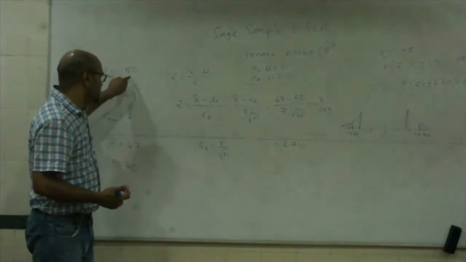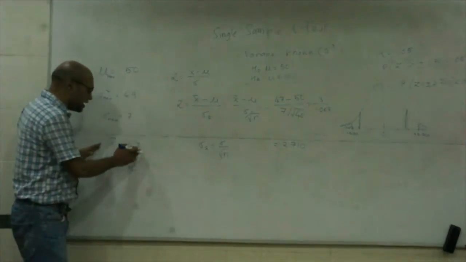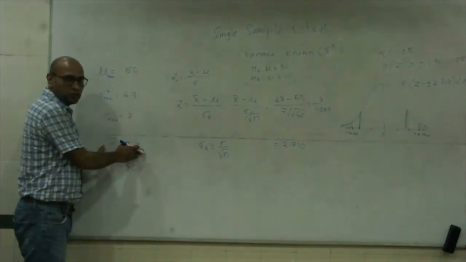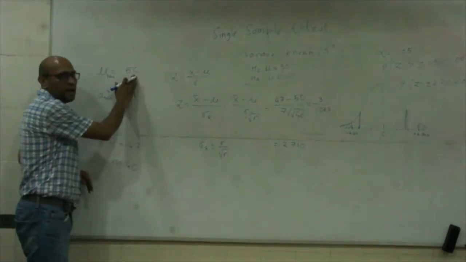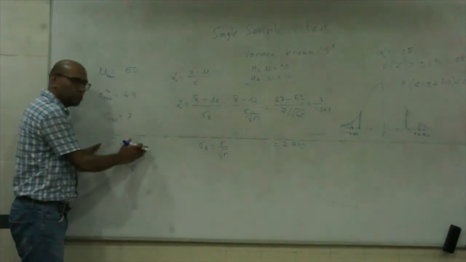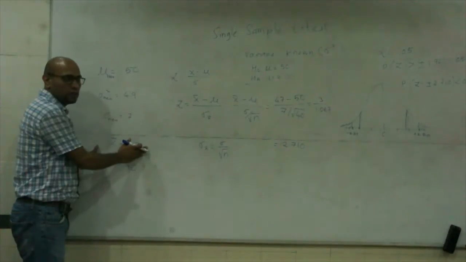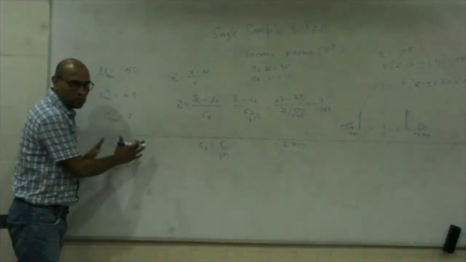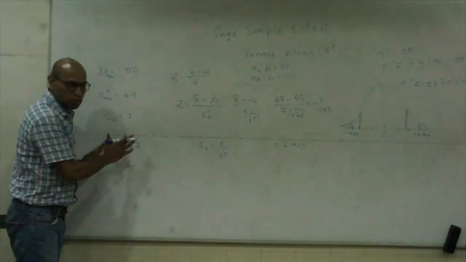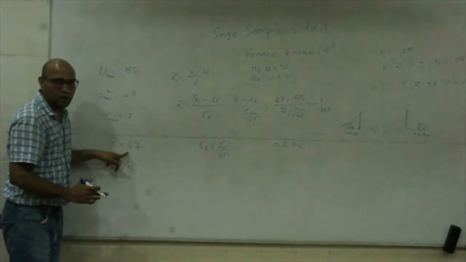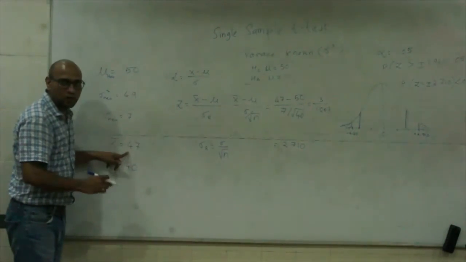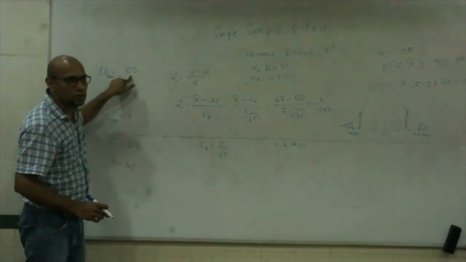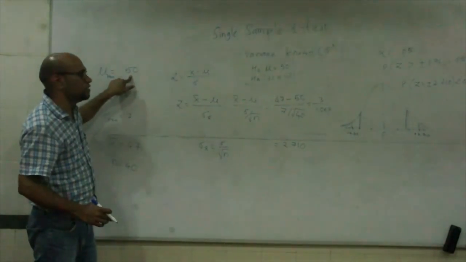So the sample mean that I have obtained, 47, comes from a population that does not have a mean 50. It comes from some other population. What is the mean of that population? I cannot answer that with this, but I can answer that this particular sample is less likely to come from a population that has a mean 50.